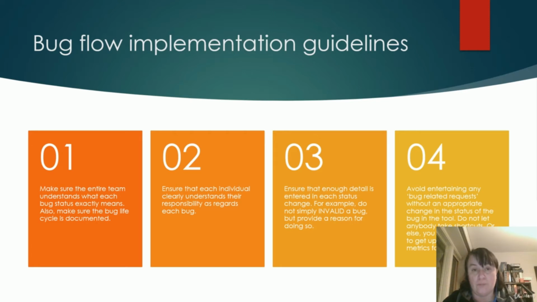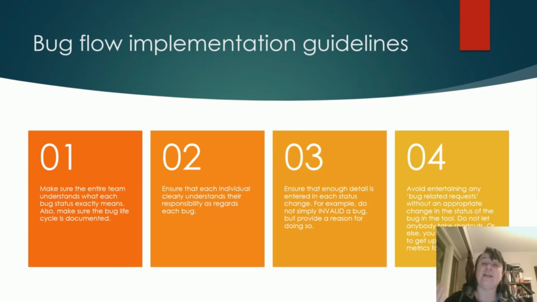That also means producers, designers, executive producers, product managers, artists, UI artists, content narrators, anybody who is in your customer support, anybody who is in your team. Teams can have different composition. They should understand what each bug status means and understand the whole cycle. So document it somewhere.